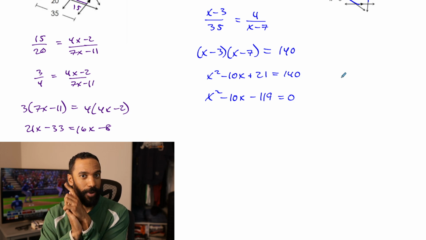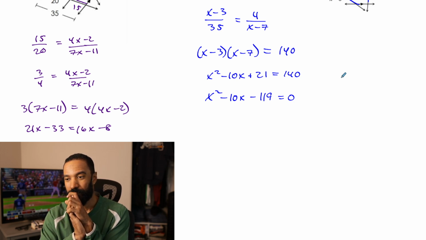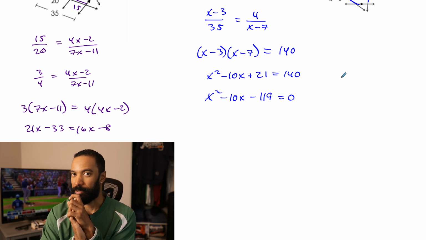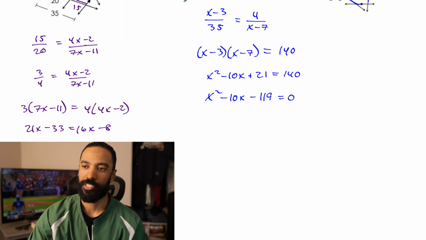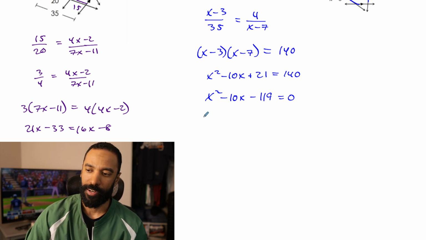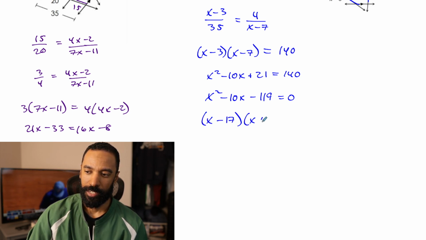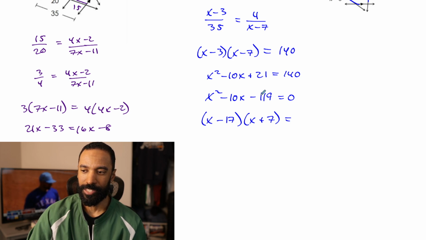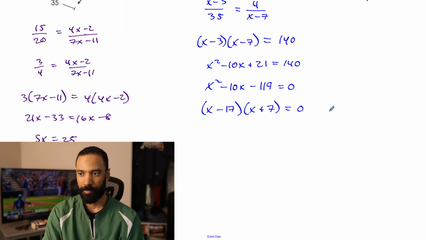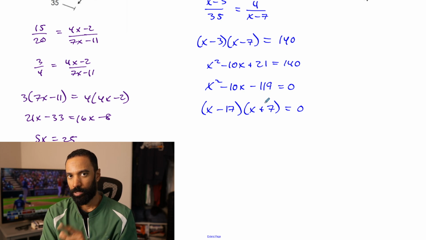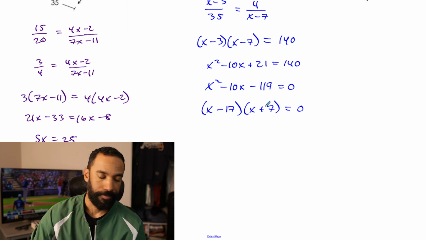Though I could have kept solving that way, and I probably should be. 17 and 7. 17 times 7 is 119. And negative 17 plus 7 is negative 10. There's the factorization. Okay, I didn't know.